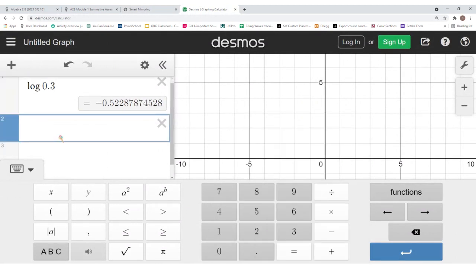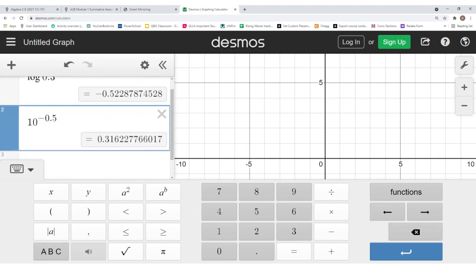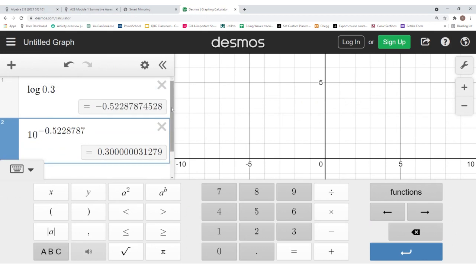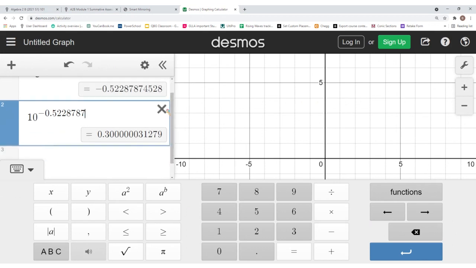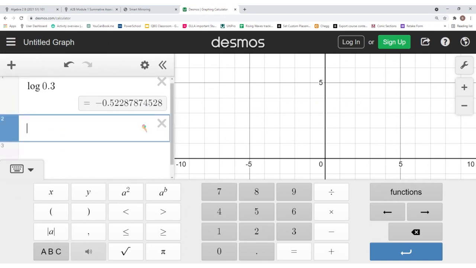If I did 10 to the power of negative 0.5228787, you see the more numbers I type in, it's getting closer and closer to 0.3, which is the thing that we wanted, right? So that's the idea, it undoes that. When we have just log, it's base 10. So if we wanted to change the base, we actually have to do this formula.